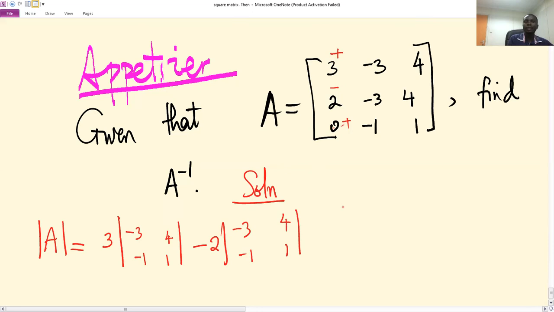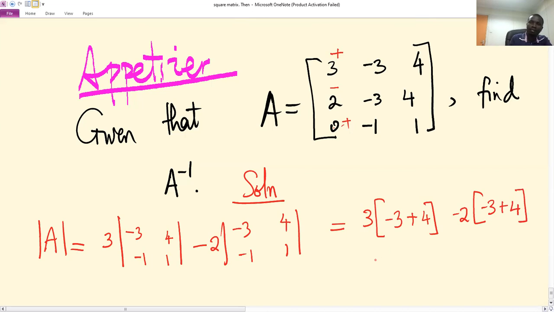And this being 0, we don't have to write it. So this will be 3 into minus 3 plus 4, minus 2 into minus 3 plus 4. So we'll have 3 times 1 minus 2 times 1. So we get 3 minus 2, which is 1.